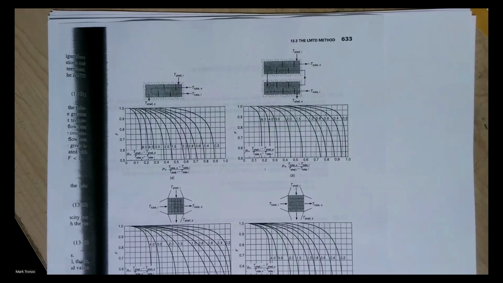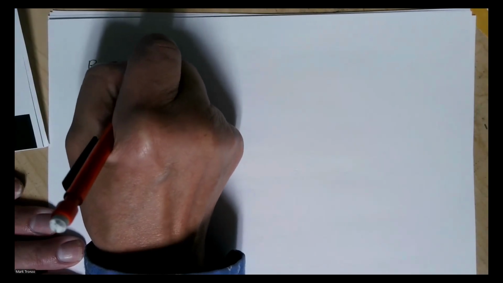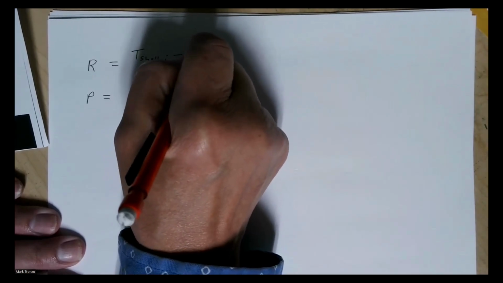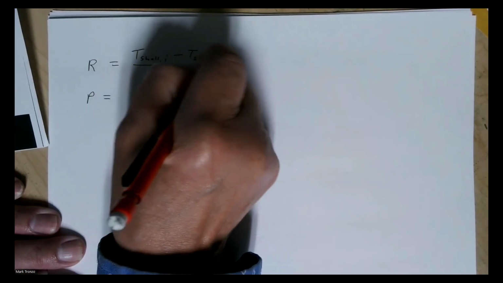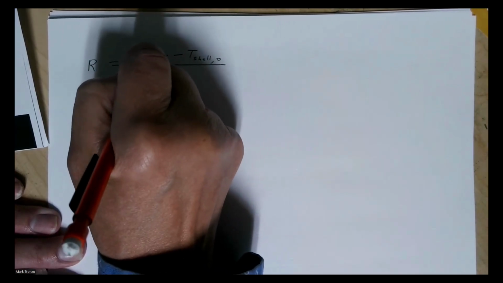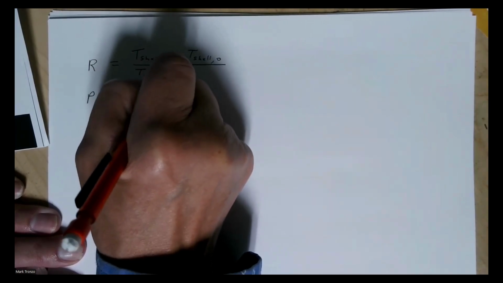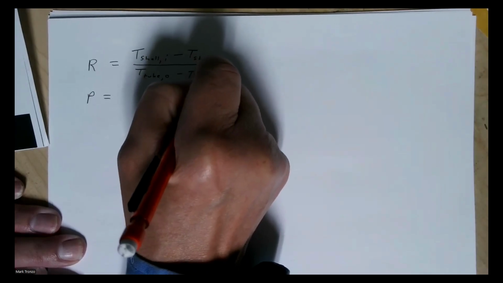And again, we'll calculate R, which is T shell in minus T shell out. In the denominator, we're going to have T tube out minus T tube in.